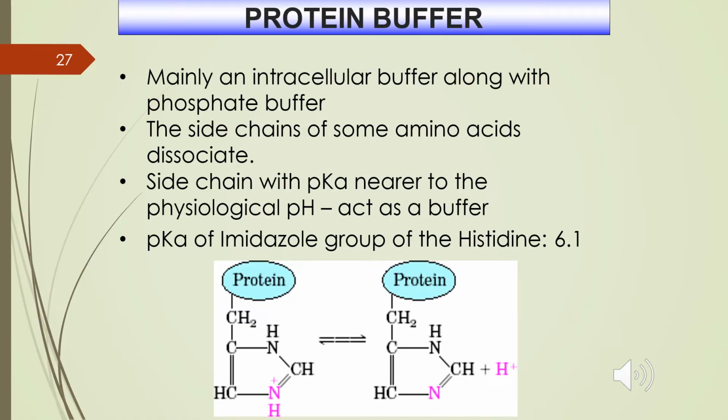But they have limited capability of buffering in blood because most of the plasma proteins are present only in quite small concentrations. But albumin is the most abundant plasma protein and does contribute significantly to the blood buffering.